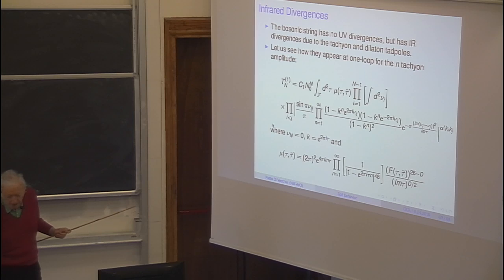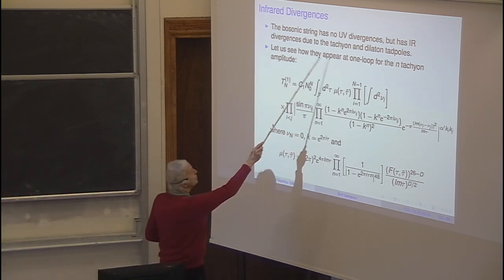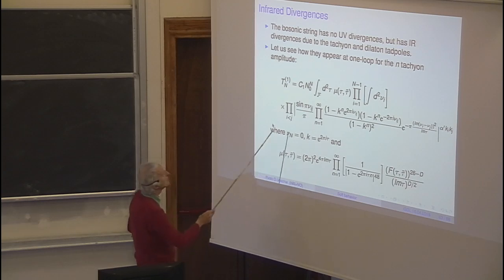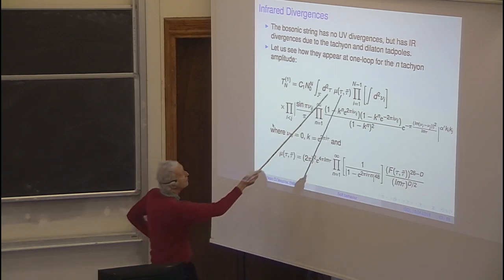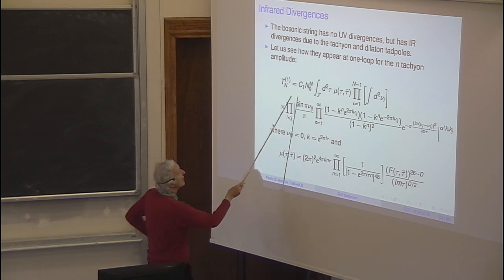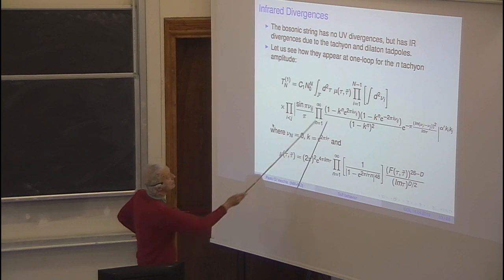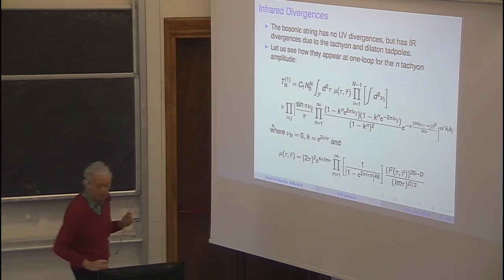Now, let me discuss briefly the infrared divergences in the bosonic string. There are no ultraviolet ones, but there are infrared ones due to the tachyon and dilaton tadpole. Let me do an example. You take a one-loop amplitude with tachyons, and this is the amplitude, and this is the measure of integration.